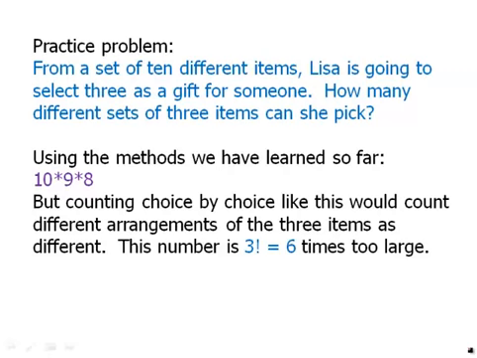It's 3 factorial, or 6 times too large, because we could rearrange the 3 gifts in any order and it would still be the same selection. So it's 10 times 9 times 8 divided by 6. With a little cancellation, divide the 9 by 3 and the 8 by 2, and then we get 3 times 4 is 12, times 10, which is 120. And that is the number of possible sets of 3 that she could pick.